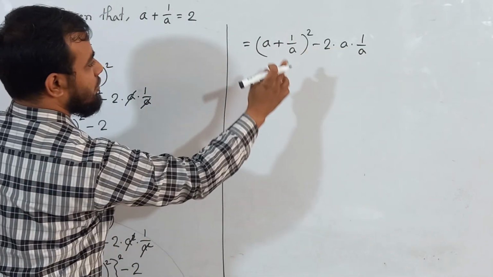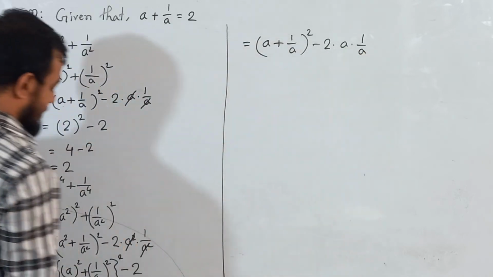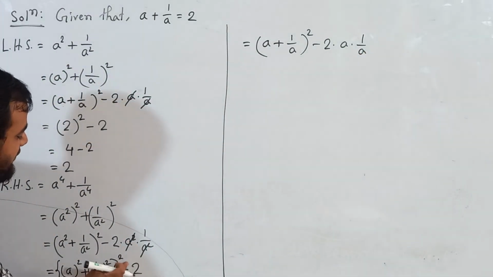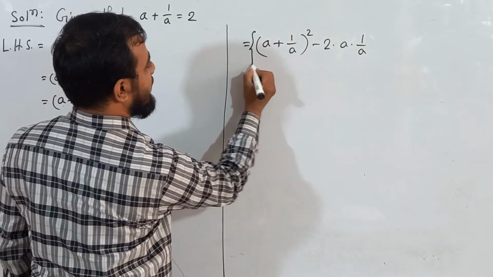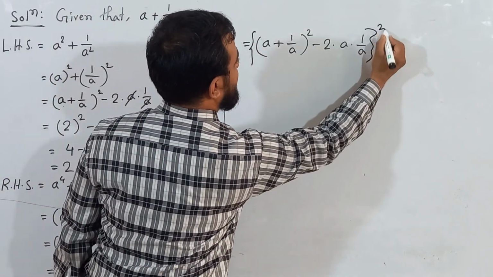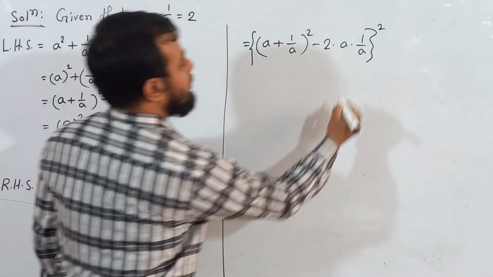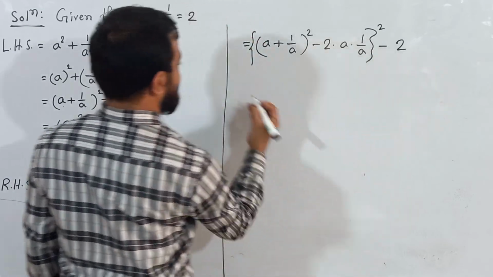Now we'll give this second bracket and give the square. The second bracket and the squared sign. Then we must have the minus sign and 2.